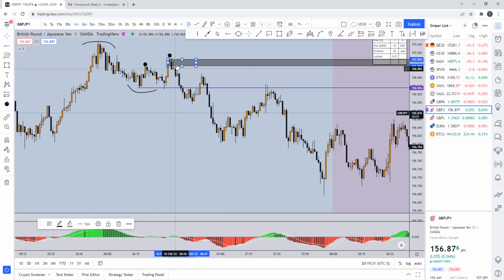A lot of the times, once it comes to touch it one time, it's not going to come back a second time. If it touches this area before it breaks the area to the left, most of the time it's not going to come back.